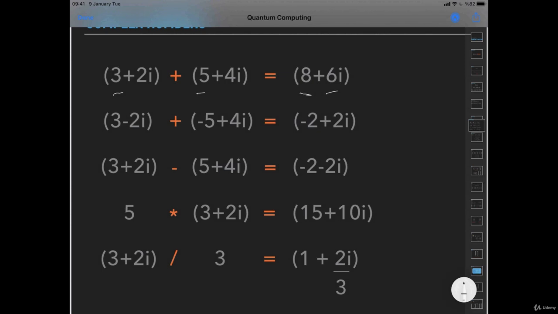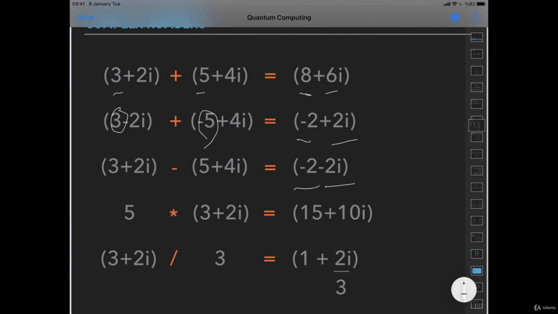So in this case, this is 8 plus 6i, and in the downside over here, we have 3 minus 2i and minus 5 plus 4i. Of course, we're gonna deal with 3 minus 5 and then 4i minus 2i. So just add the real numbers by themselves and the imaginary numbers by themselves. Of course, it goes the same way for the subtraction as well.